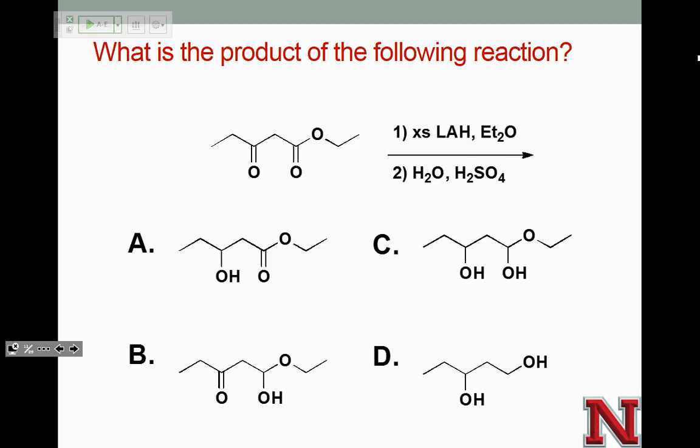And lastly, here we have our lithium aluminum hydride followed by water. That's going to reduce both our ketone and our, in this case, ester. This is our leaving group. So our answer is D. We reduce both of those.